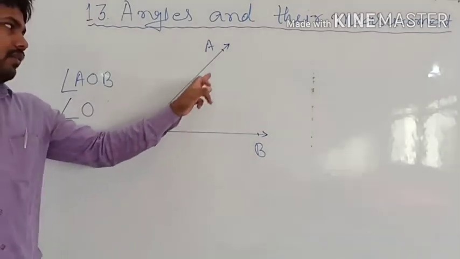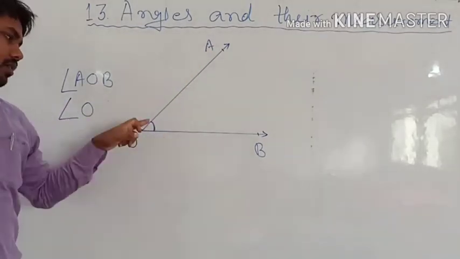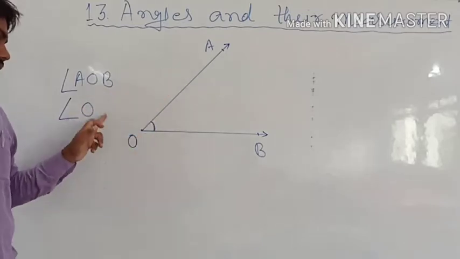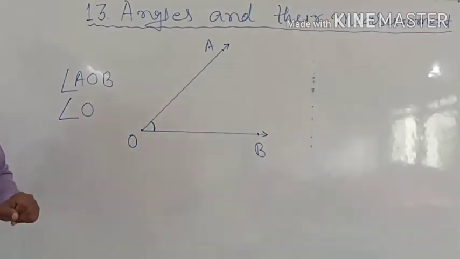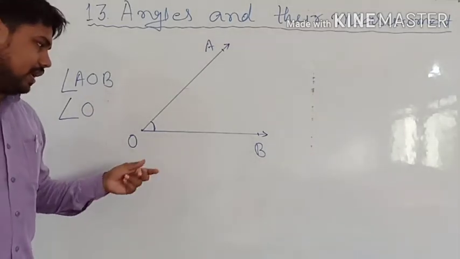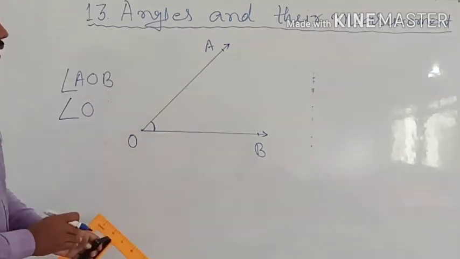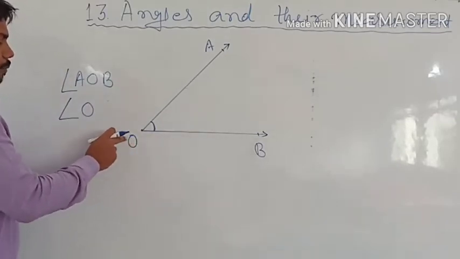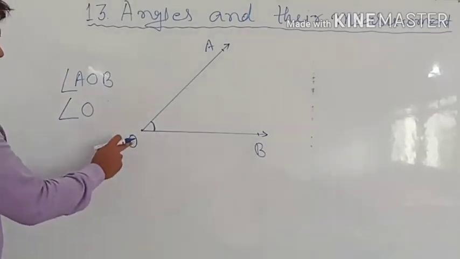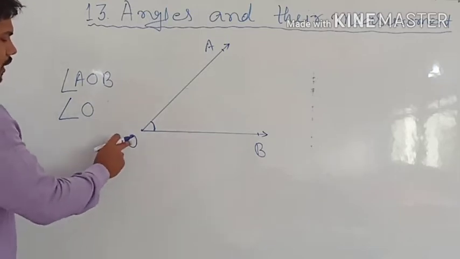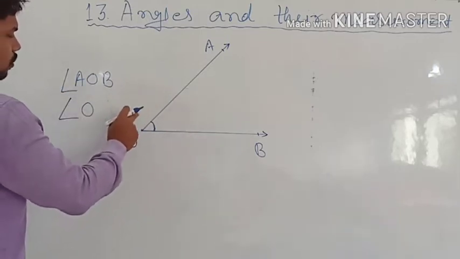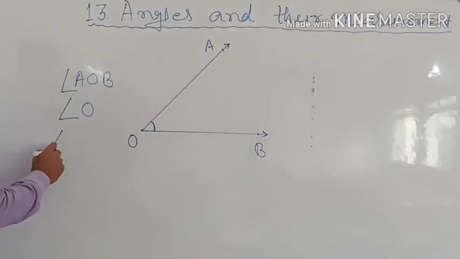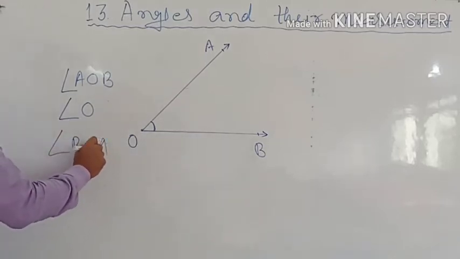One is AOB, because this is the angle which we are talking about, and another we can simply write angle O. Sometimes this type of question is asked: if one angle is given like this, it will ask for another name of angle O. What is another name of angle O? Then the answer will be: another name of angle O is AOB, or we can write this angle as BOA also.